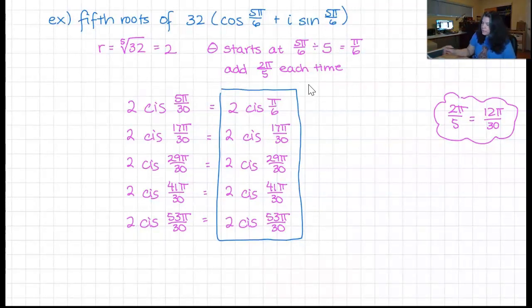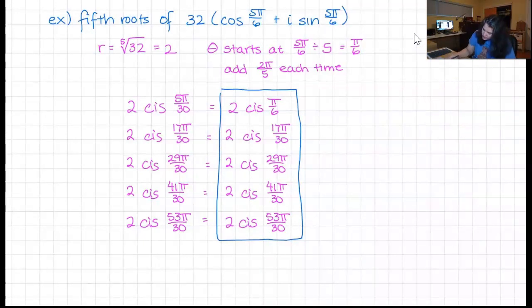All right, so like I said, your homework's going to ask you to do a little bit more. So one thing is, after you find all the roots, they want you to graph the roots. So let's go ahead and represent these graphically. I'm going to go ahead and get rid of this thing. All right, so my radius for all of these is 2. All of these fall on the same circle with a radius of 2.